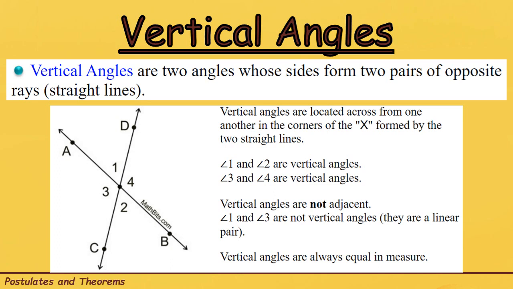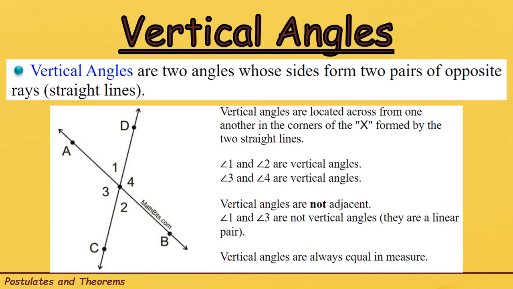They are vertical angles. Okay, so also, vertical angles are not adjacent. So, vertical angles are not adjacent kasi yung paliwanag natin kanina na adjacent, pag adjacent, magkalapit. Magkalapit ba si angle 1 at angle 2? Hindi. So, therefore, hindi daw adjacent ang vertical angles.